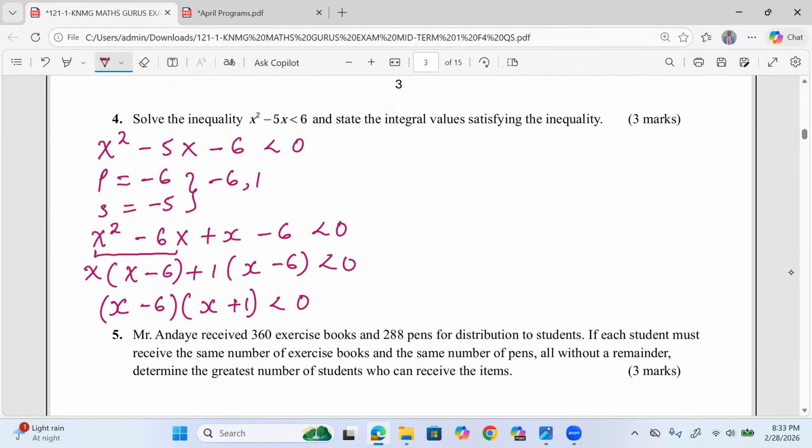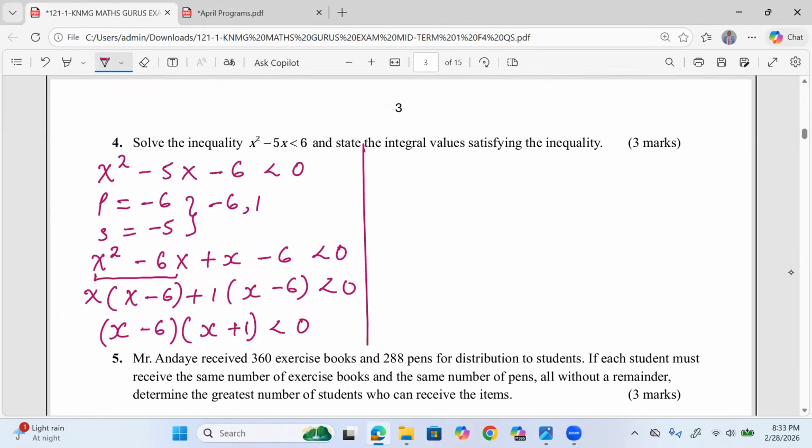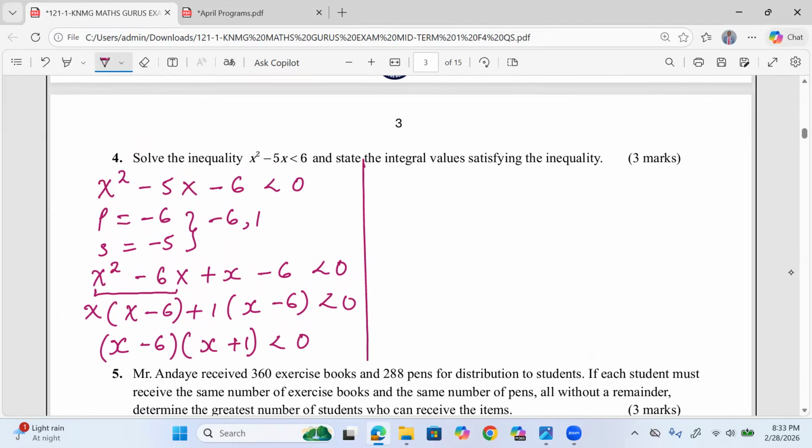At this point now, ladies and gentlemen, we may say that in case this was an equal sign, then we would have gotten the values of x. The values of x that we are getting are, let me take it slowly there, x minus 6 equals 0 on its own.